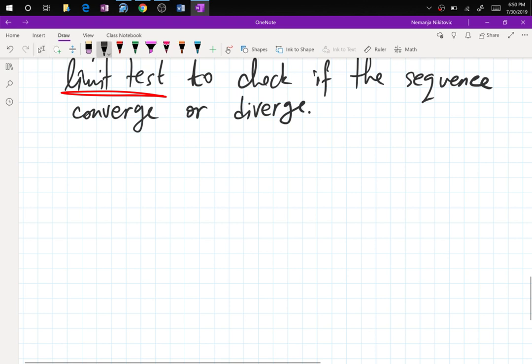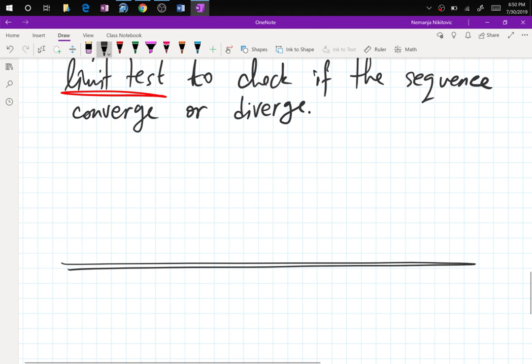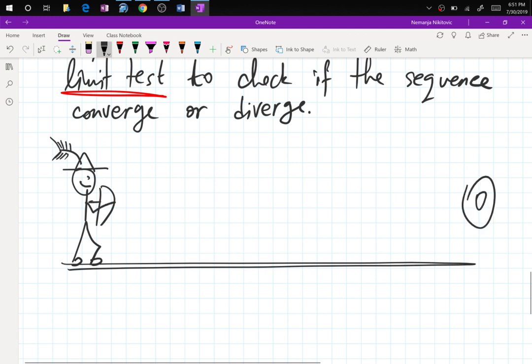Here comes this philosopher Zeno, who says an archer shoots an arrow into a stationary target.